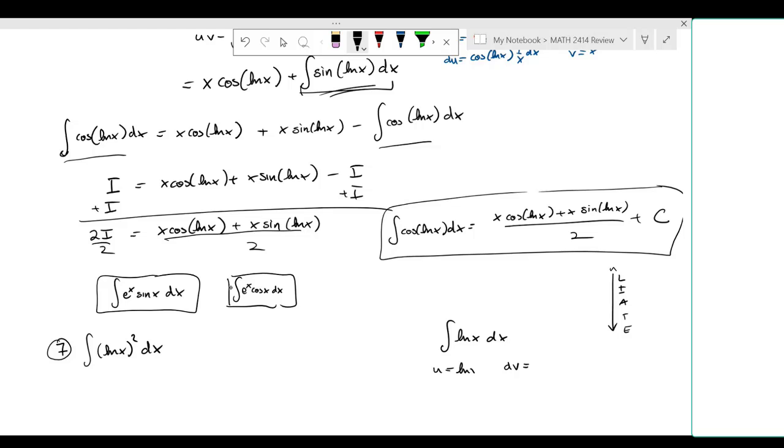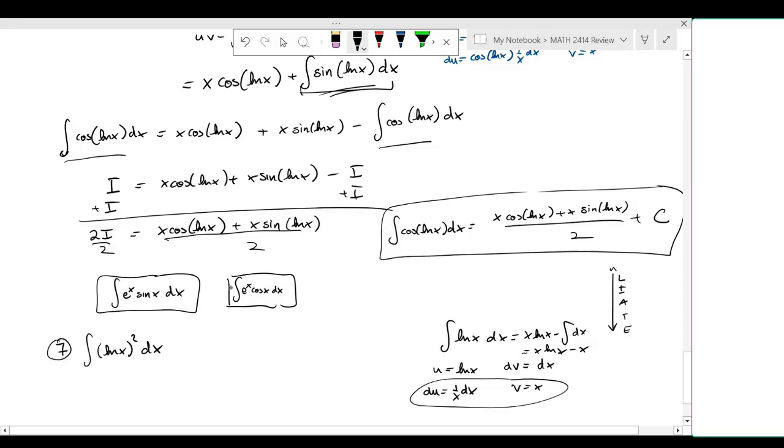So why not? So you're just going to get u times v minus the antiderivative of v du. So that's simple enough, but it's good to anticipate that that's a common one, right? And adding that log squared just makes you do integration by parts twice.